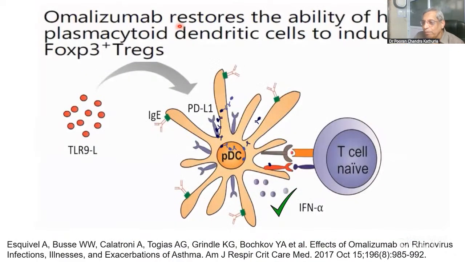The second most important function of omalizumab is this. Normally, our dendritic cells, the most important professional cells, activate our naive T cells to synthesize the Tregs. On exposure to glycolipid, toll-like receptor 9 on activation, they synthesize interferon.